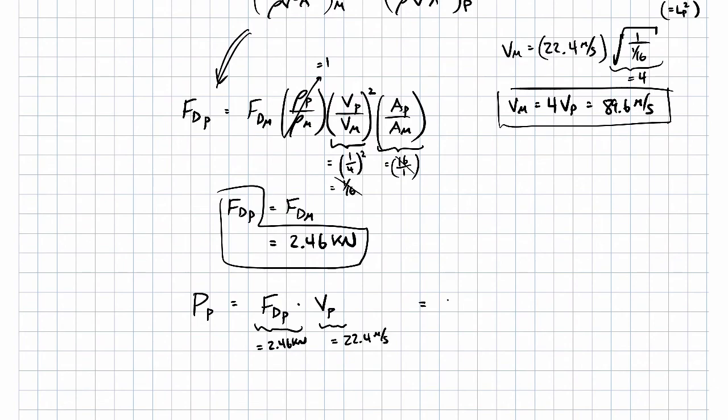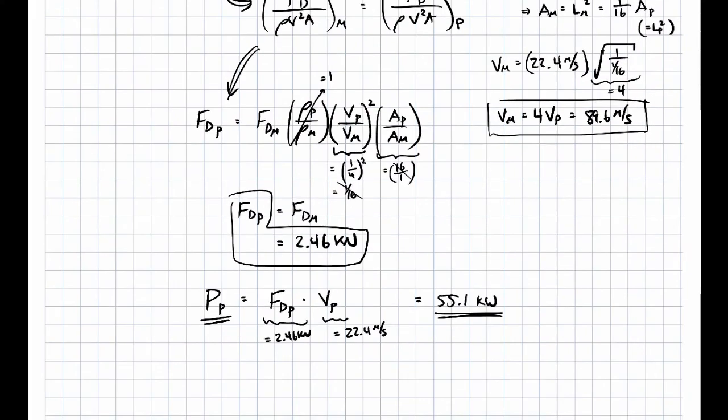So we can plug in the numbers here, and this comes out to be 55.1 kilowatts. So that's what kind of power we would need in our full scale or prototype tractor trailer rig in order to overcome the drag force at that speed.